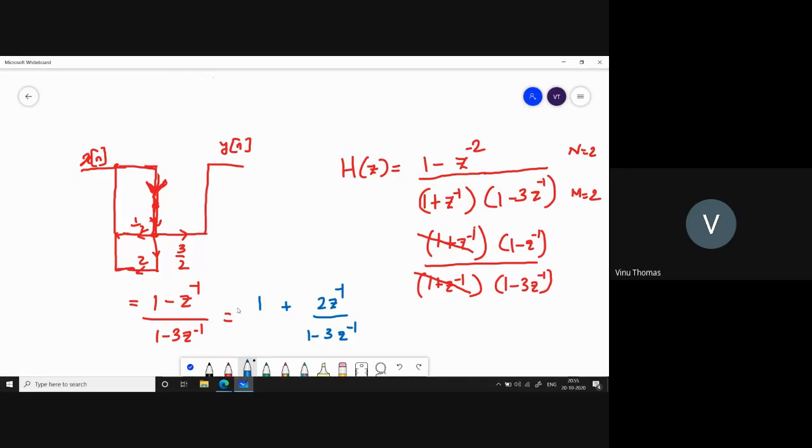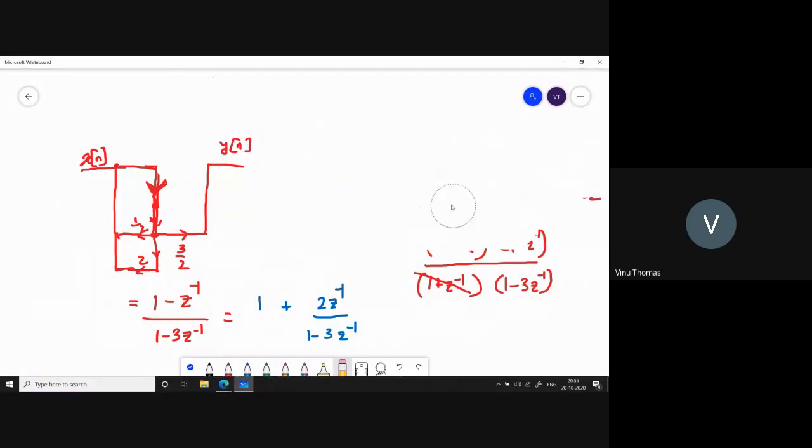This is 1 minus 3 z raised to minus 1 plus 2 z raised to minus 1 by 1 minus 3 z raised to minus 1, which simplifies to this expression. So you can write this as 1 plus 2 z raised to minus 1 by 1 minus 3 z raised to minus 1. If you have a transfer function like this, how will you implement this? How will you implement this transfer function?